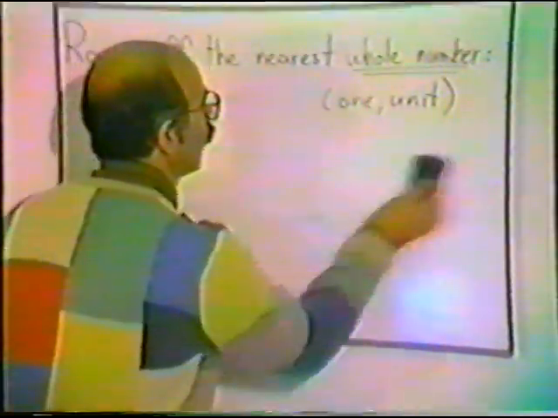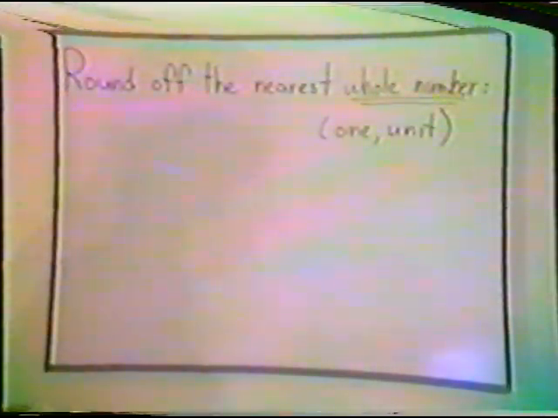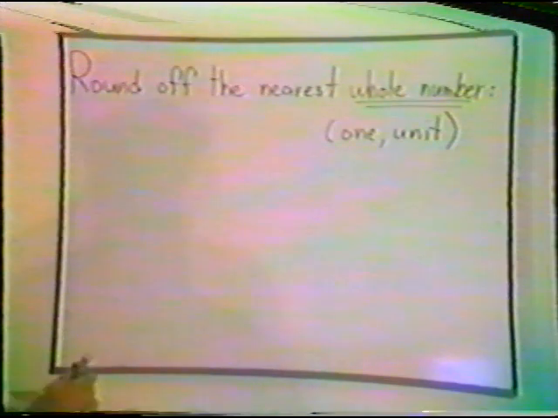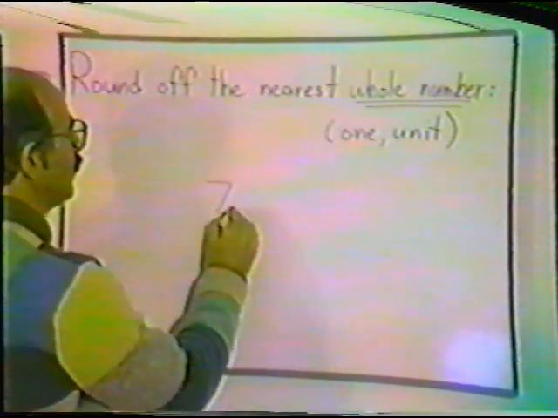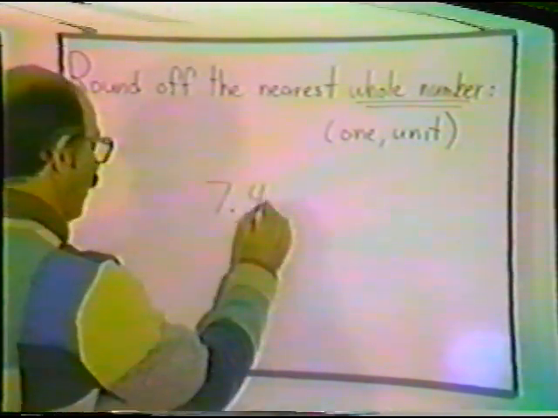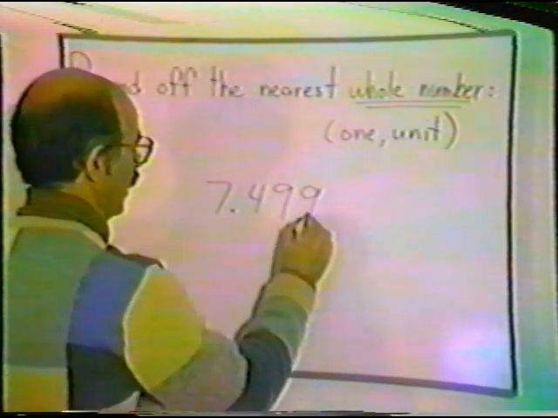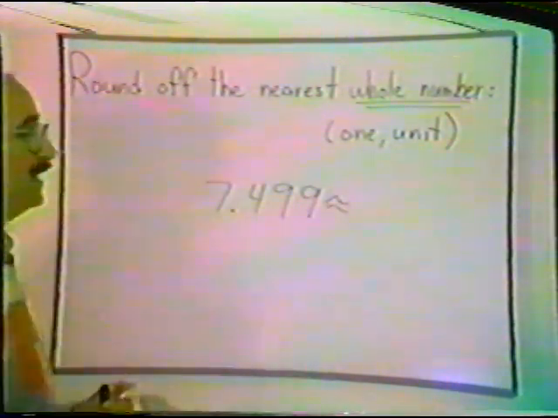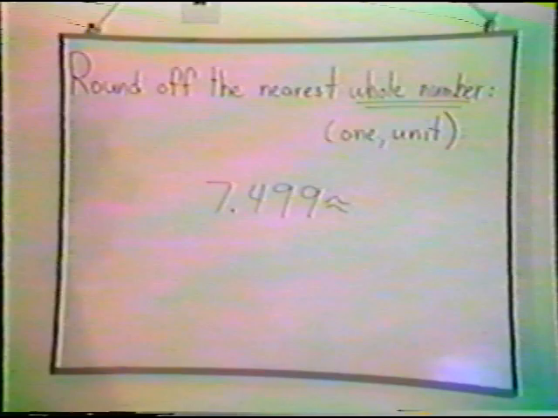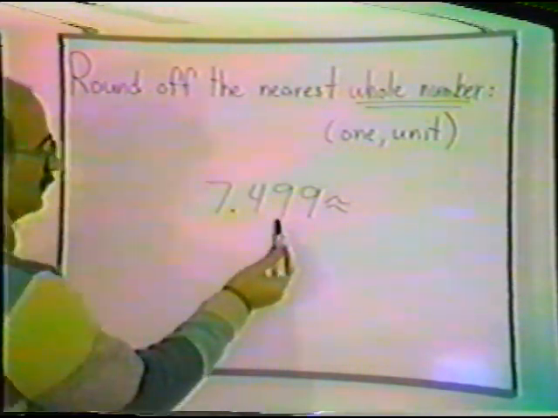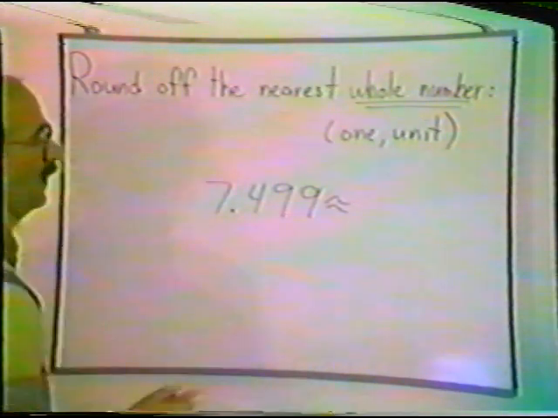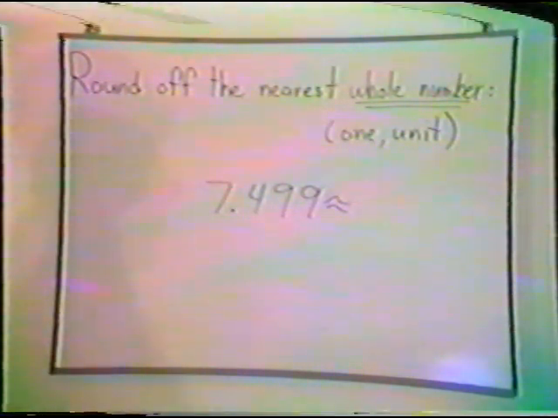We'll do one more of them to the nearest whole number. 7.499. Please read me that number. 7 and 499 thousandths. What number is in the ones place? 7.